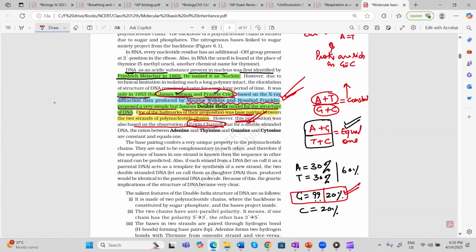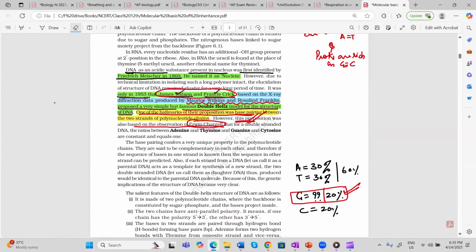Because this is the Chargaff rule, which says the ratio of purine to pyrimidine is always equal to 1. Once again, please understand this line very carefully. If you want, you can make a note of it, because this is very important. How to read it? First, base pair by base pair is constant for a species.